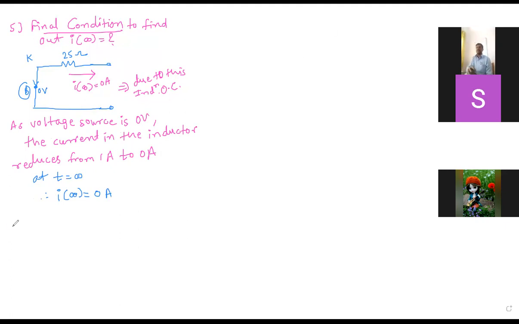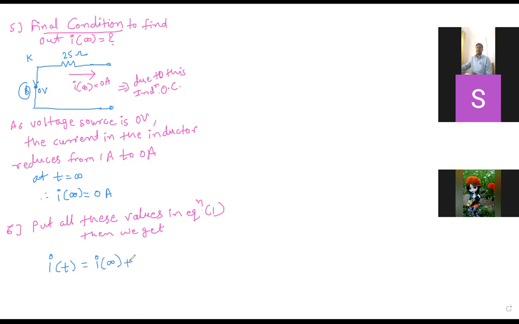So these all we got now. So finally you can put all these values in the equation number 1. Equation 1, I will write I of t is equal to I of infinite plus in bracket I of 0 minus I of infinite bracket complete into e raised to minus t divided by tau.